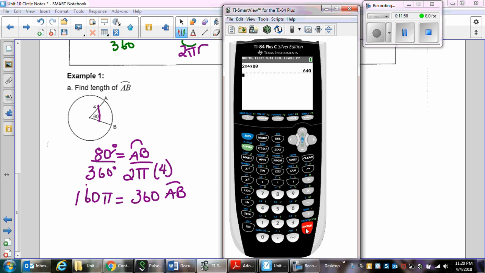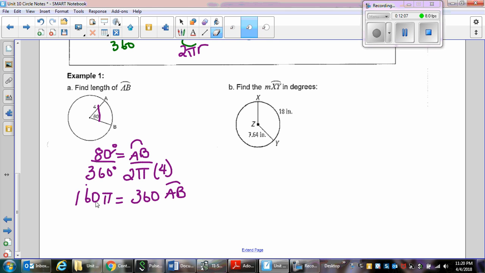What did I get? 640 is what I should have put. Oh, I see, the magic of the calculator. I don't even know how I was thinking that way. All right, so it's going to be 640. So I'm going to change that and fix it. So it's going to be 640 pi.